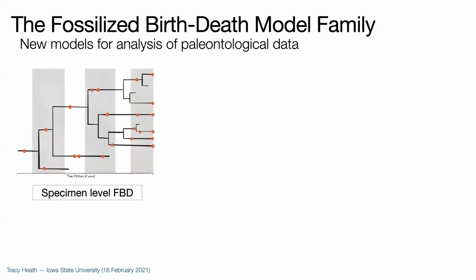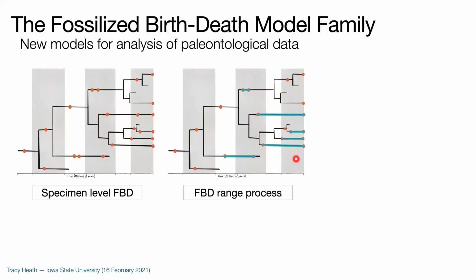And so we have this full specimen-level fossilized birth-death process, where each observation back in time represents an individual specimen. And we have this fossilized birth-death range process that can also be integrated into a phylogenetic framework, where we have some singletons and some lineages represented as fossilized or stratigraphic ranges. These are both useful when we have data sets of fossil sampling times, as well as phylogenetic character data.